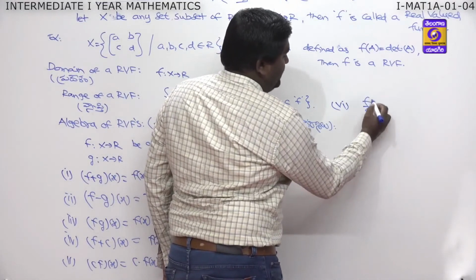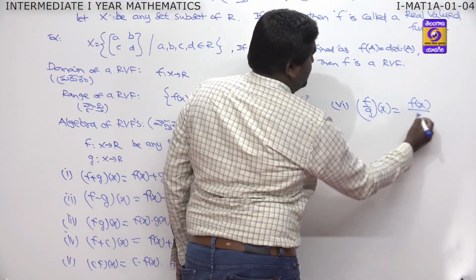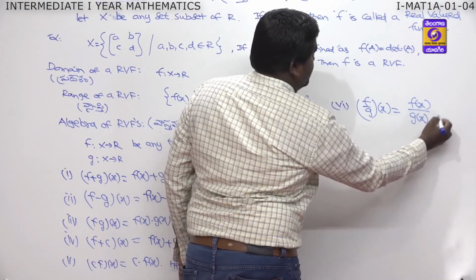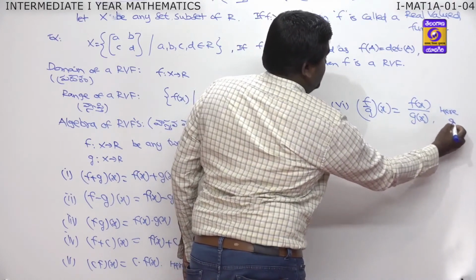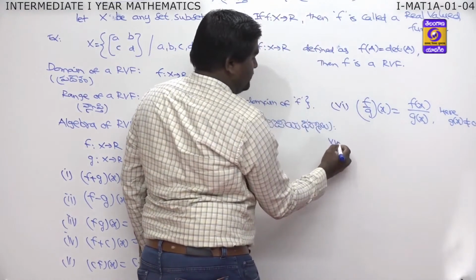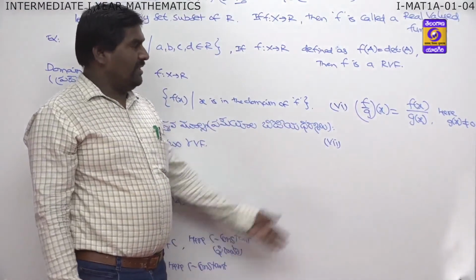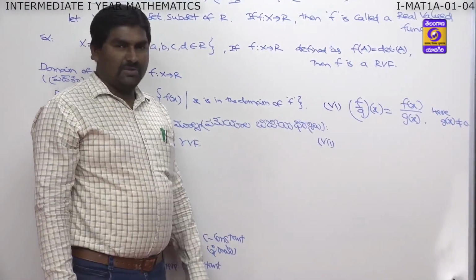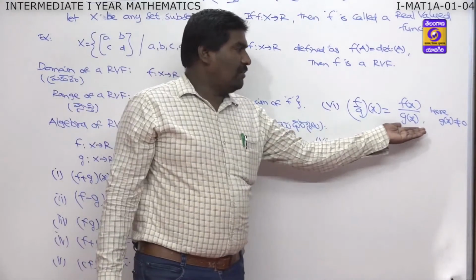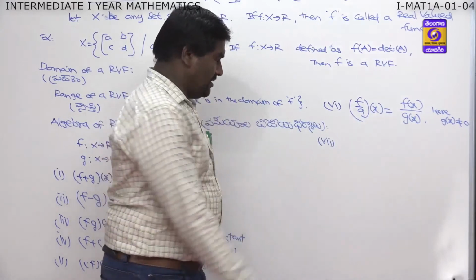f by g of x. It is f of x by g of x. Here g of x must be not equals to 0. f by g of x అనేది f of x by g of x సమానం అవుతుంది. ఇక్కడ హారంలోని ప్రమేయము g of x అనేది శూన్యేతరముగా ఉండాలి.